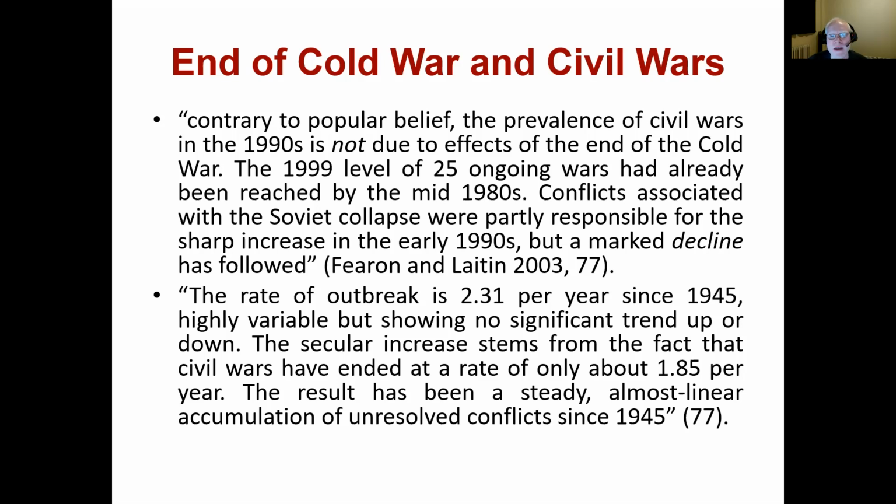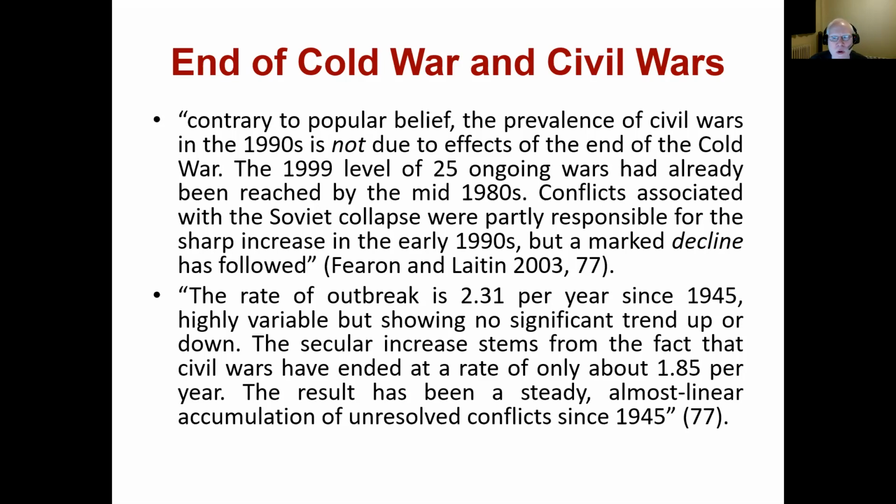So what seems to be the explanation for the continual rise in civil wars? Well, it turns out that the rate of outbreak is 2.31 civil wars per year since 1945. There are some years where it's much higher and some where it's much lower, but in general it's about 2.31 outbreaks every year and about 1.85 endings per year.